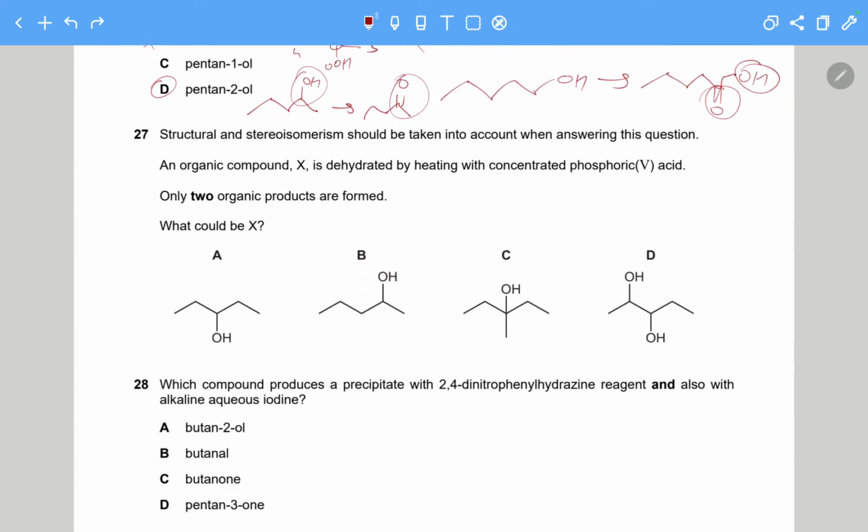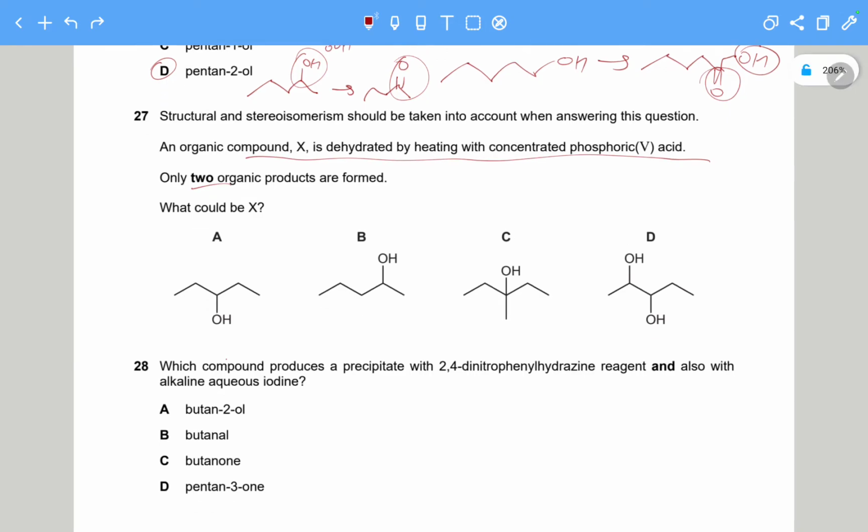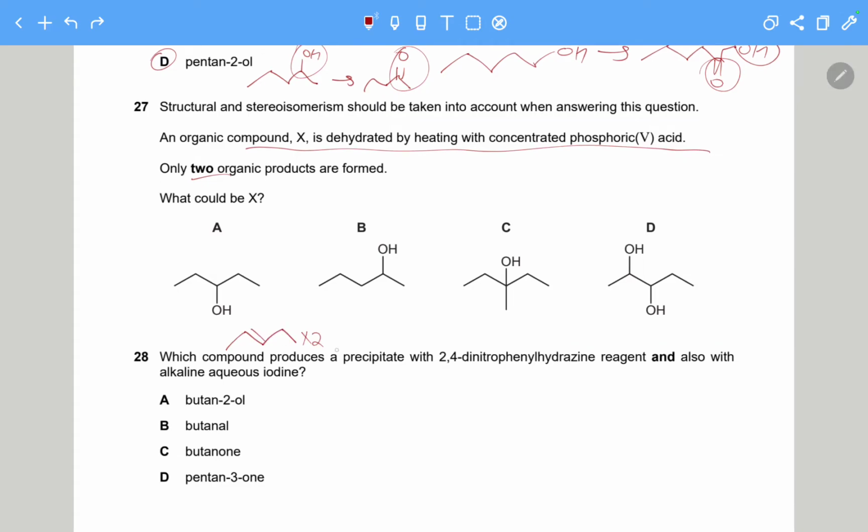Question 27. Structural and stereoisomerism should be taken into account when answering this question. An organic compound X is dehydrated by heating with concentrated phosphoric acid. Okay, so we are going from an alcohol to an alkene. That means only two organic products are formed. What could be X? If you look at option A, what we get is this alkene, and this will be 2 because cis and trans.